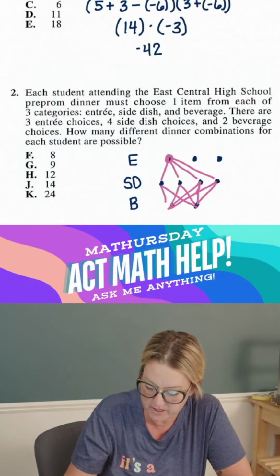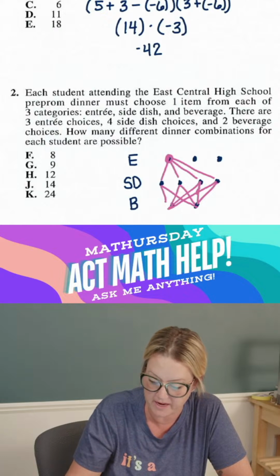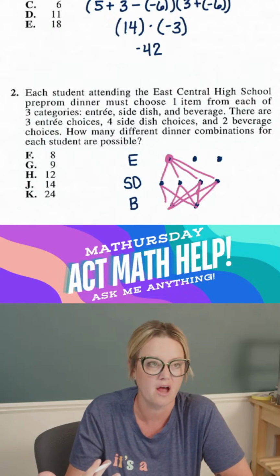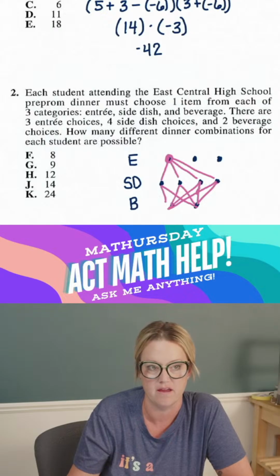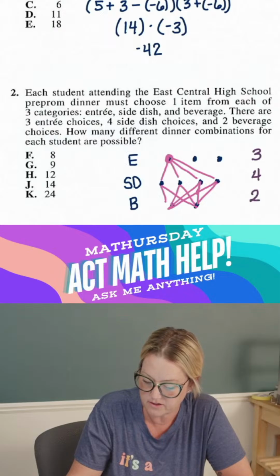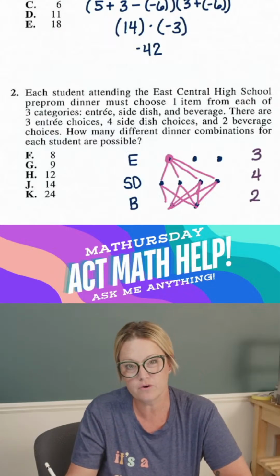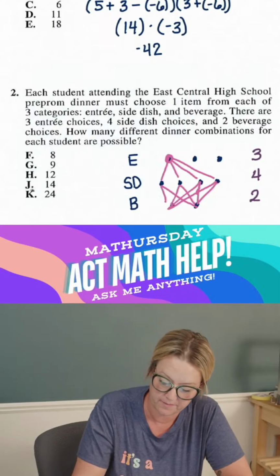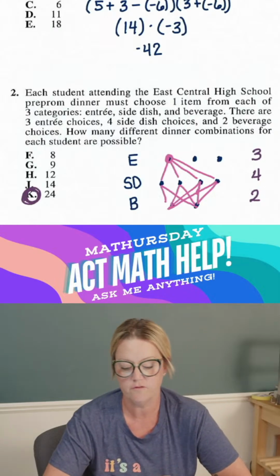Because it's not asking me what the different combinations are, just how many there are, it's going to be 3, 4, and 2. So 3 times 4 is 12, 12 times 2 is 24. So there's 24 choices there.